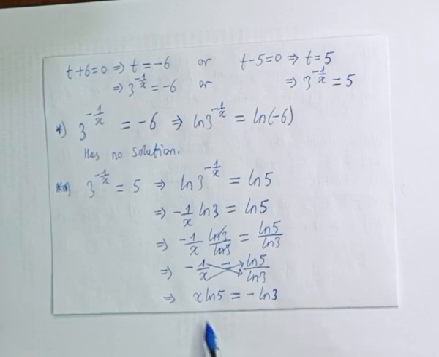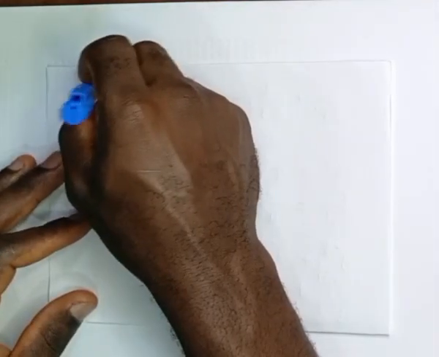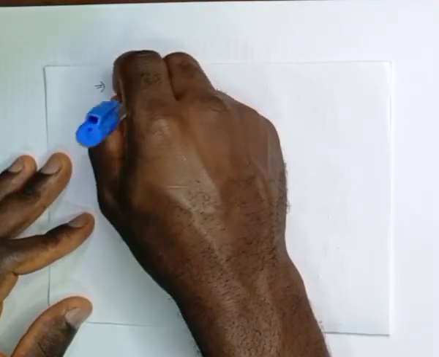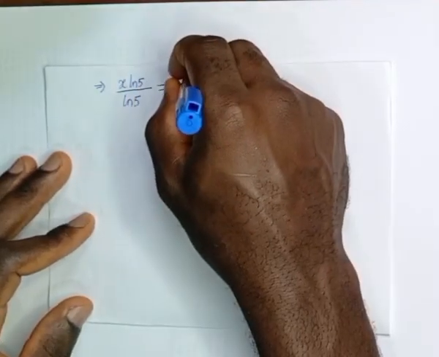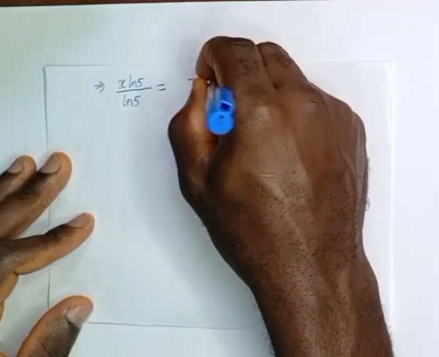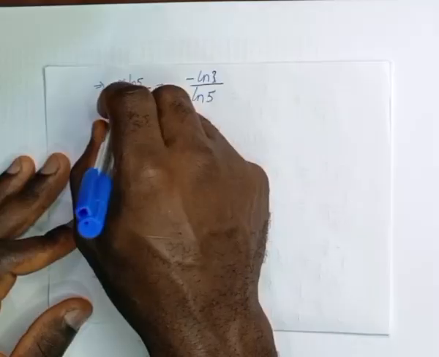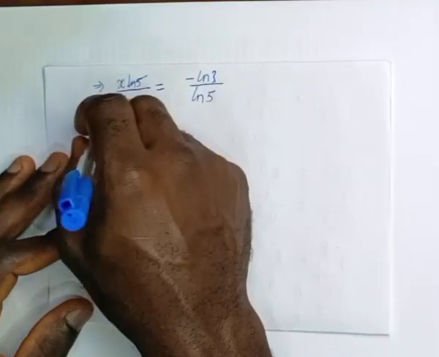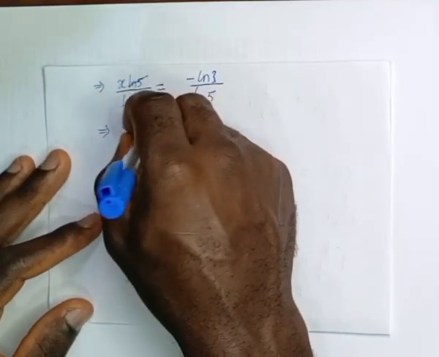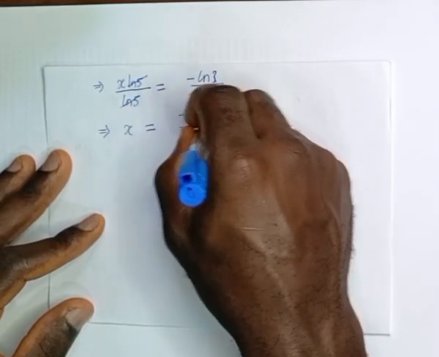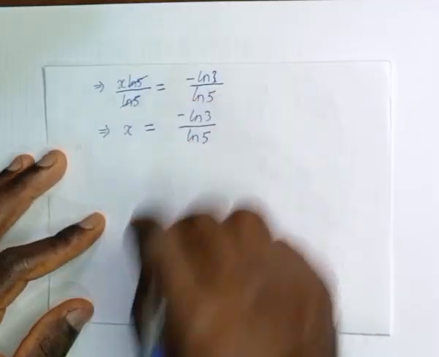Next, we are going to divide both sides by ln 5, which is a constant. Dividing both sides by ln 5, then x ln 5 divided by ln 5 will simply be equal to negative ln 3 divided by ln 5. On the left hand side, ln 5 will strike off ln 5, then x will simply be equal to negative ln 3 divided by ln 5.